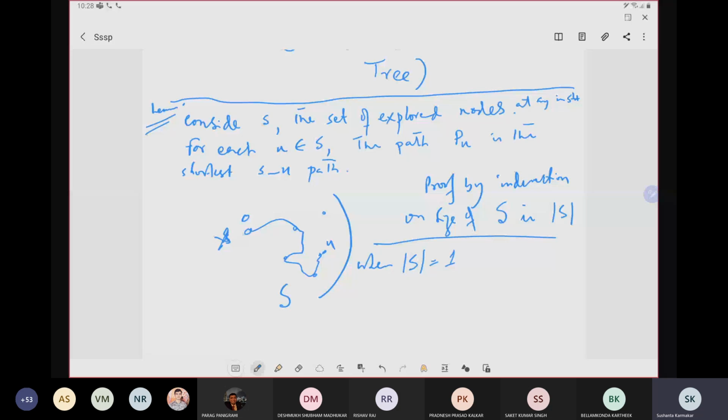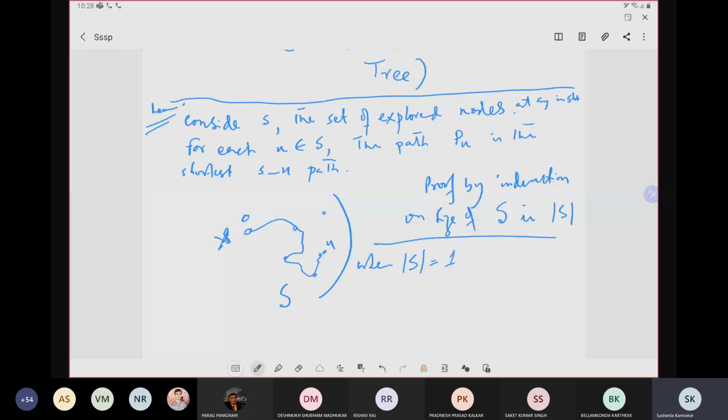So definitely for each U in capital S, the path P is the shortest from S to U. What is the vertex in capital S? That is S itself, and the distance to itself is 0. There cannot be any shorter because that is itself. So this is true for size of S equal to 1.